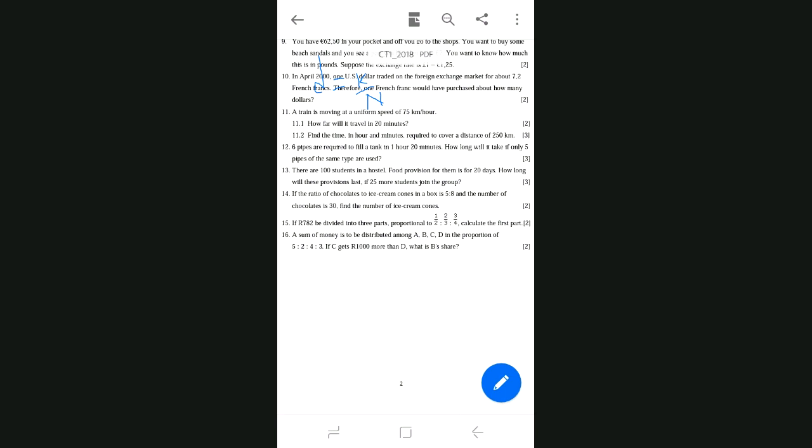So when it was 20 days, it will be k over 100. So k will be equal to 20 times 100, which will be equal to 2000.